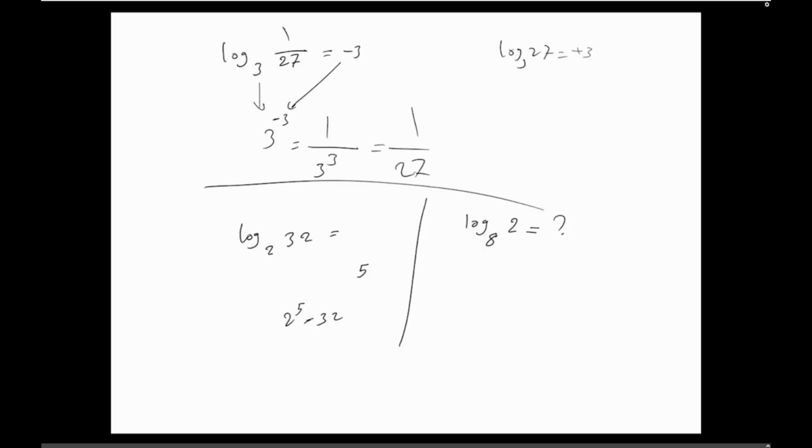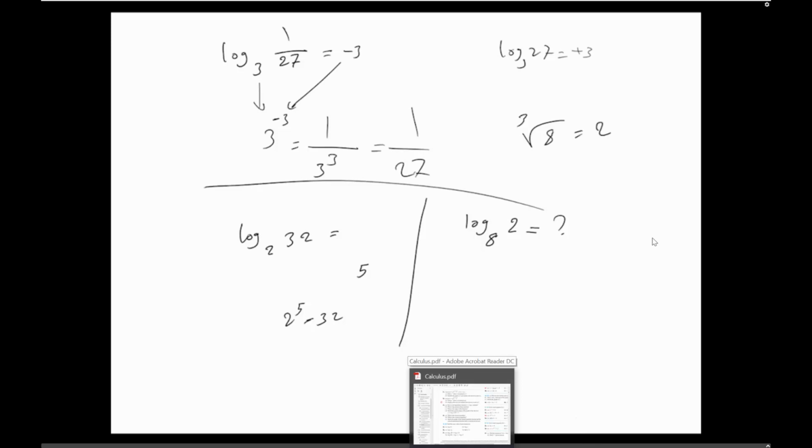As you guys know, in order to make the 8 a 2, we need to put the 8 in a root, and not just the square root, we're going to put it in the cube root, so we're going to get 2. And as you guys know, the cube root is 1 divided by 3. So this is the output for this question.